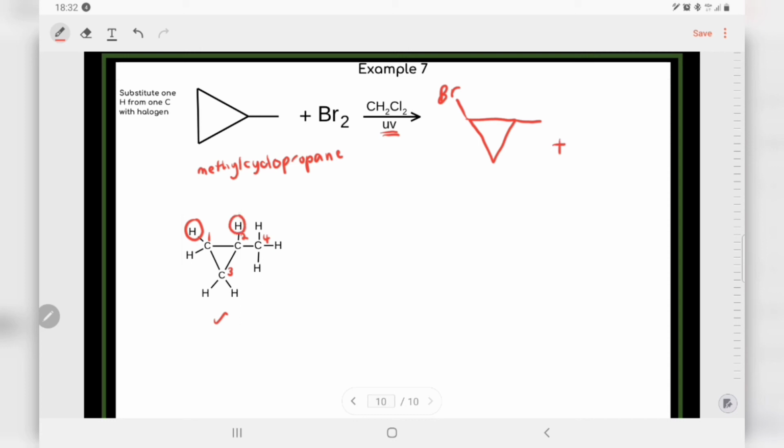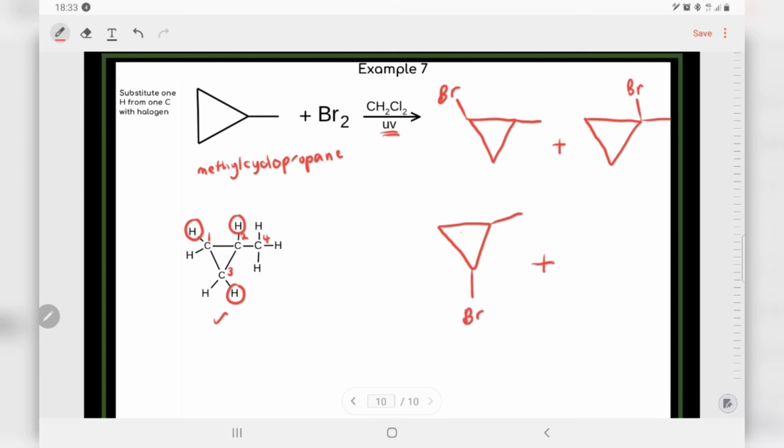If we substitute hydrogen from carbon number 2, we will form Br is substituted at carbon number 2. If we substitute hydrogen from carbon number 3, so we will get this structure.